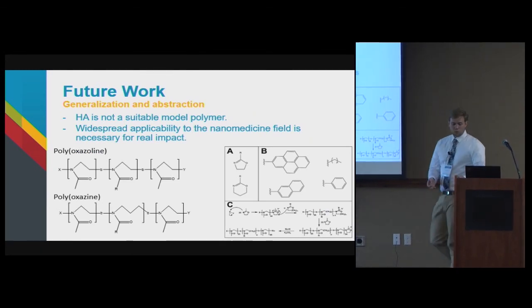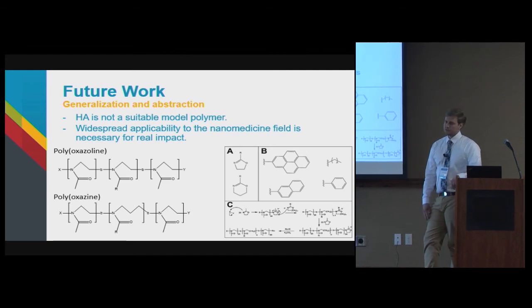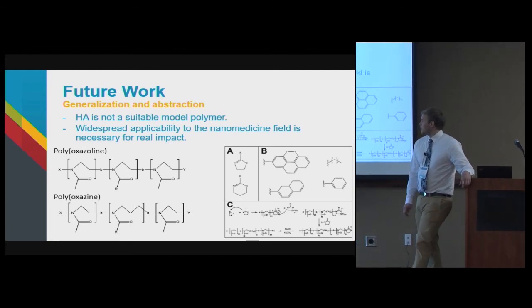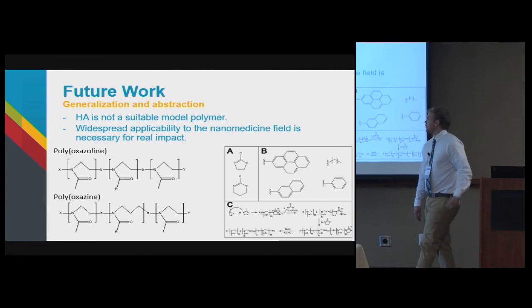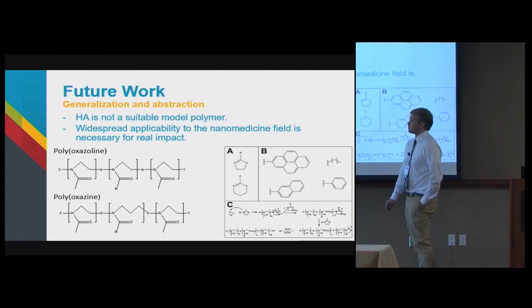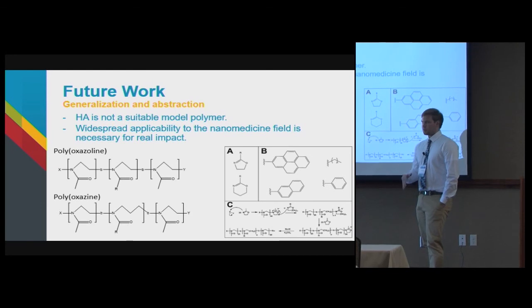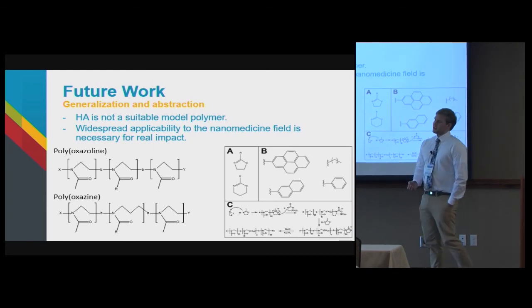And then the future work that I'm shifting into as well is a concept of generalization and abstraction. As I mentioned, the polymer that I've been working with this whole time was hyaluronic acid. Since it's a naturally occurring biopolymer, we get it as a genetically engineered product. It's very difficult to control how it's synthesized. So as a synthetic chemist, it's really not an ideal model.